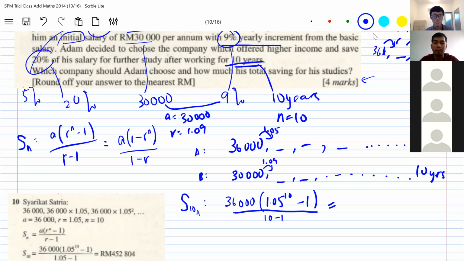Okay, let me do this on my calculator. So the answer is 452,804.13.